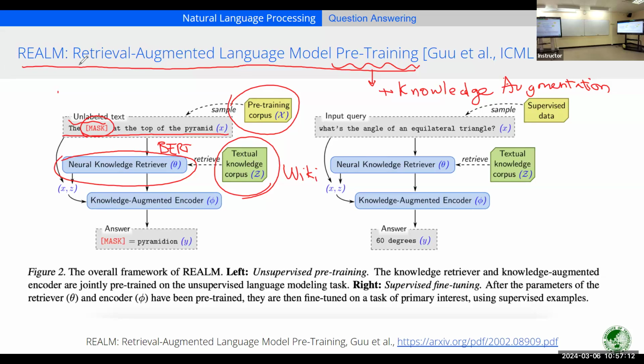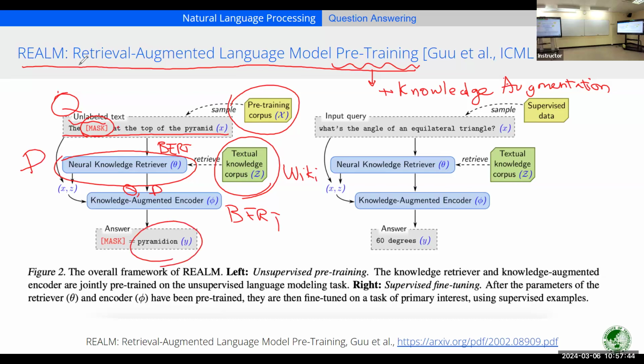Then you send this together with this, so you can think about this as a question, and this as the document. You send Q and D together to this encoder, and this encoder is simply BERT. Once you send all of them, this BERT can produce the answer, which is a pyramidion.